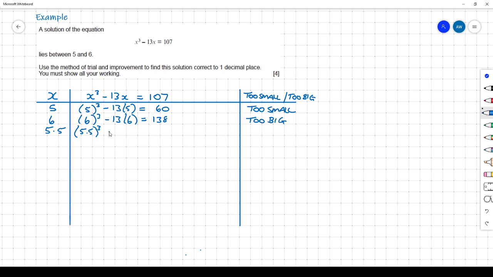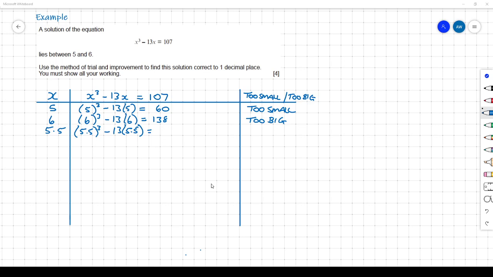So instead of 6, I'm going to bring the calculator back up. Okay, so we're going to go back now and delete 6 and put 5.5.